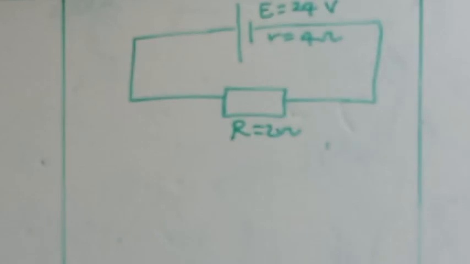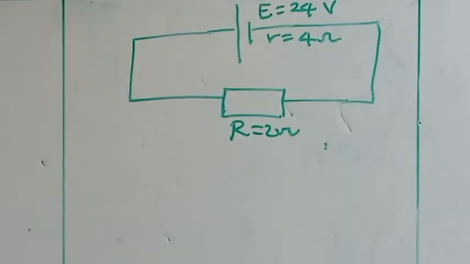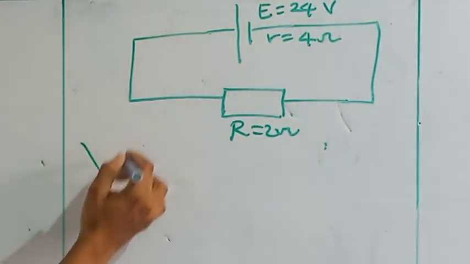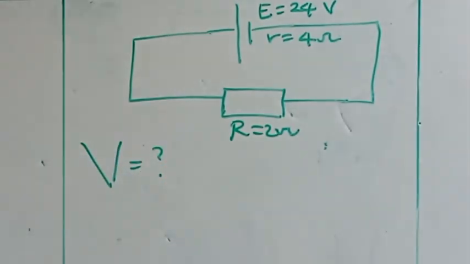We are asked to find the terminal PD of the battery. Capital letter V is what we are looking for.